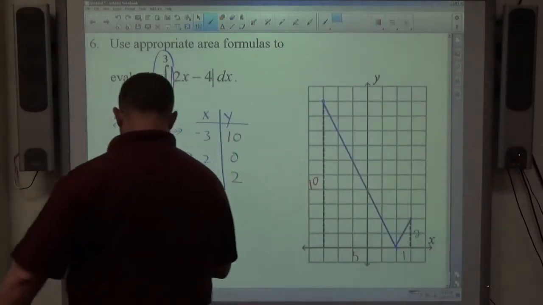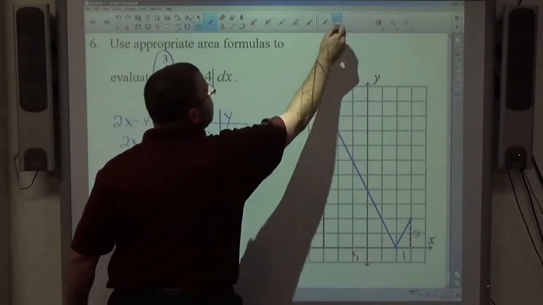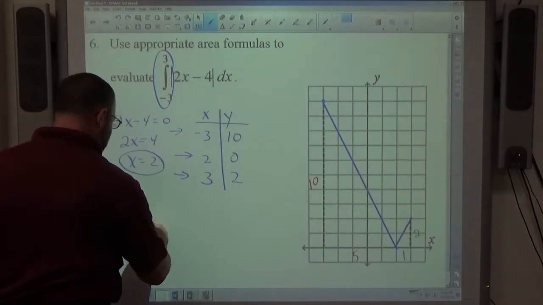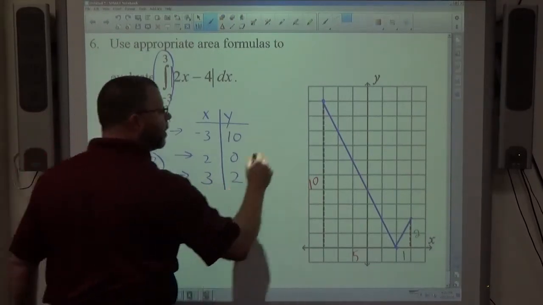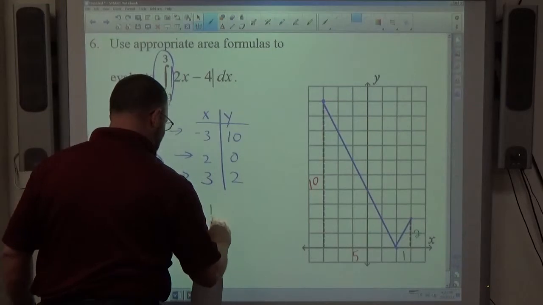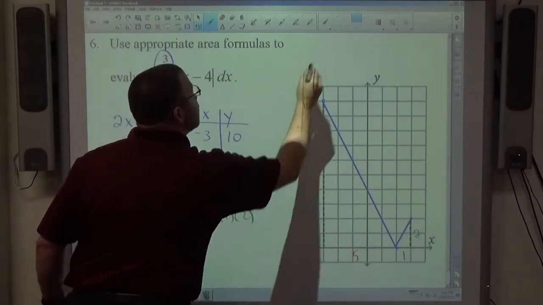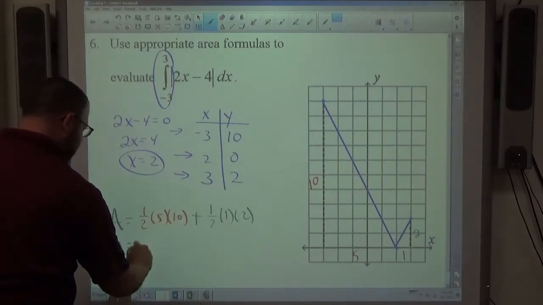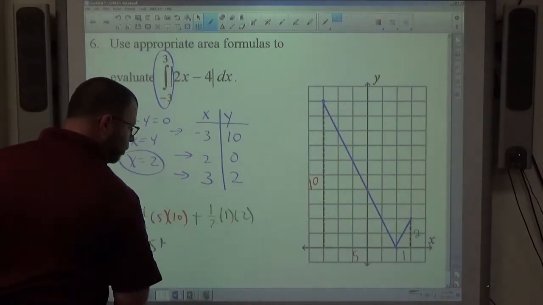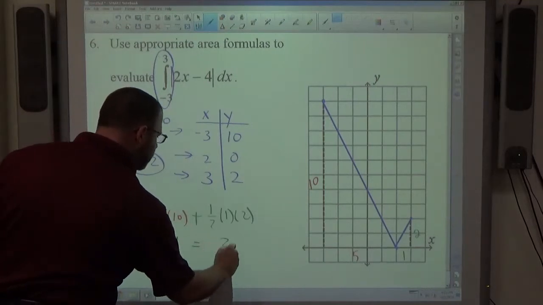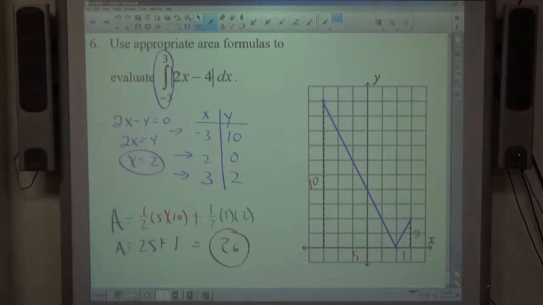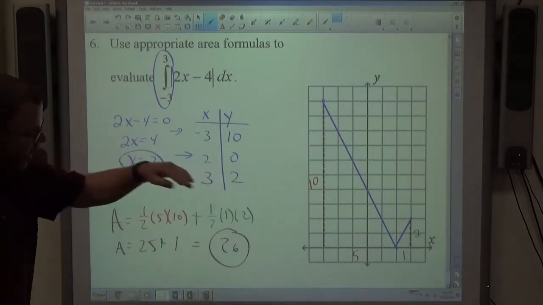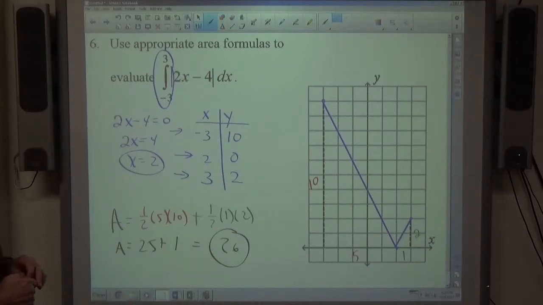So the answer is just the sum of the areas of these 2 triangles. 1/2 times the base times the height plus 1/2 times the base times the height. Half of 10 is 5, times 5 is 25. Half of 2 is 1, times 1 is 1. 25 plus 1 is 26. So 3 problems in a row, just graph the figure and use an area formula to evaluate the area. That's the answer to the problem.